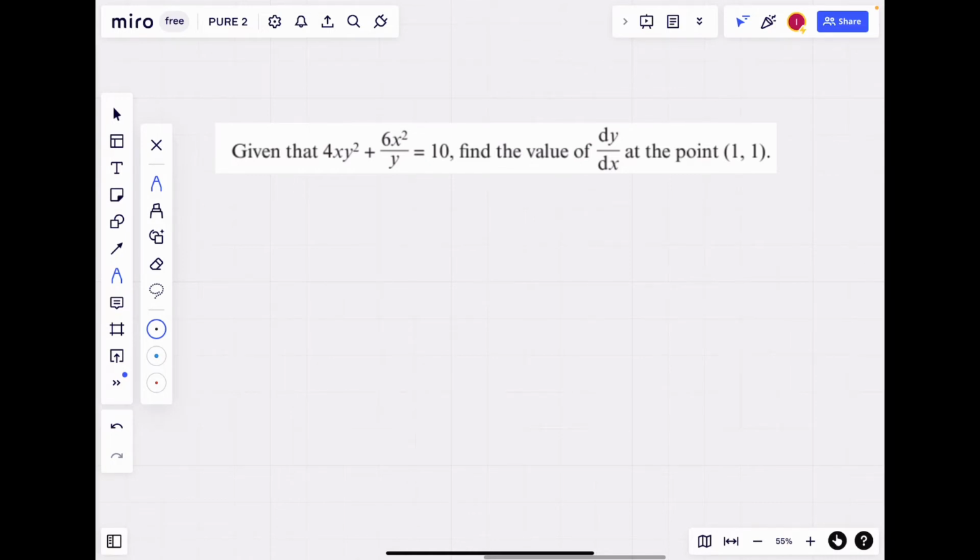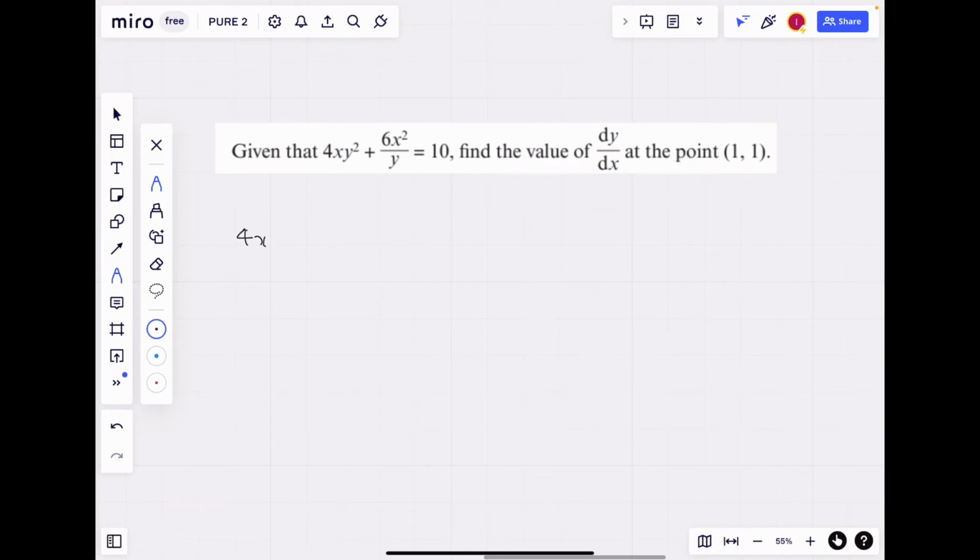So for the first one, you have an x and y term together. So if you remember, the rule was x dy by dx plus y. Okay? So your x is 4x.